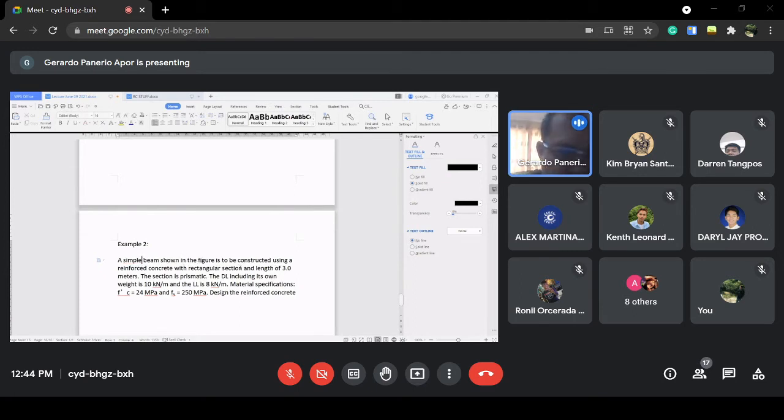The span is 8 meters. L is still the same. I'll just say 12. No, that's 10, and this one is 12. Okay. Material specification, fc' is equals to 20 and fy 250, design the reinforced concrete section.